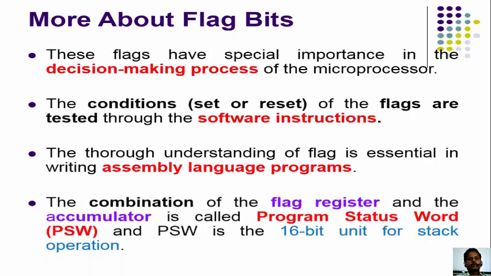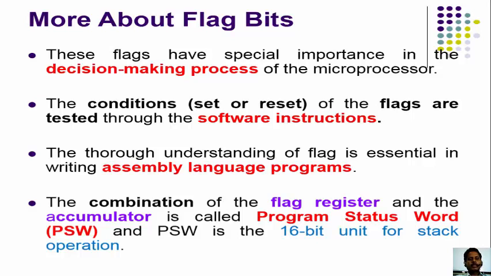The combination of flag register and accumulator is called the program status word, and PSW is the 16-bit unit of stack operation. Like the register pairs BC, DE, HL, in this way the accumulator is paired with the flag register.